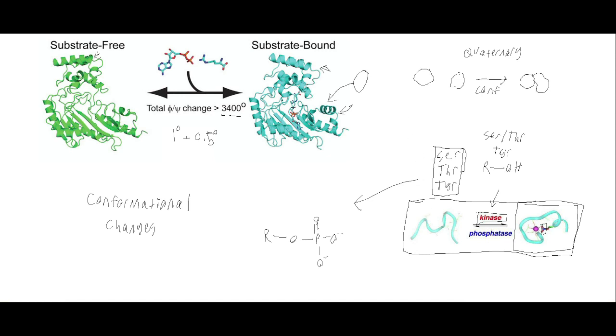And another big way was phosphate binding, so the kinase or phosphatase adding or removing the phosphate from the serine, threonine, or tyrosine OH groups on those amino acids. And that causes conformational changes.